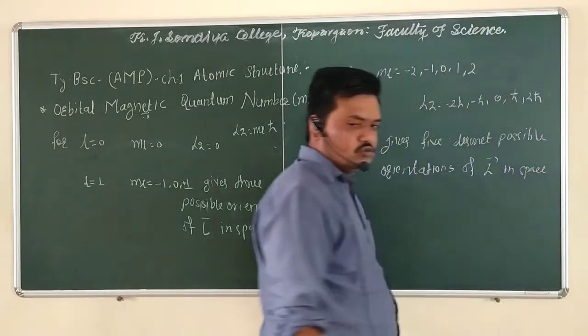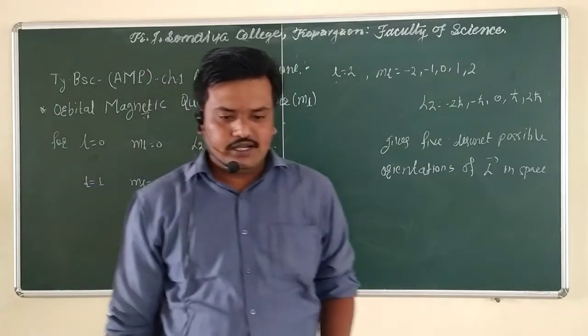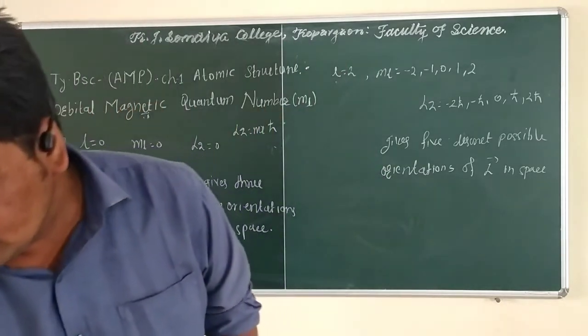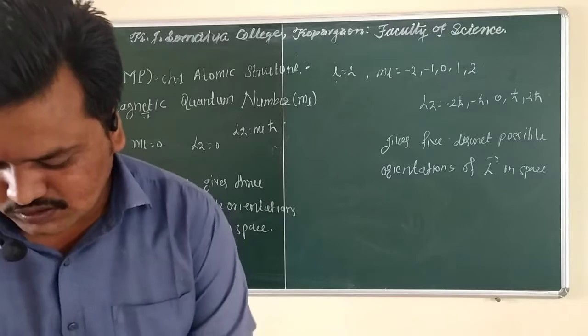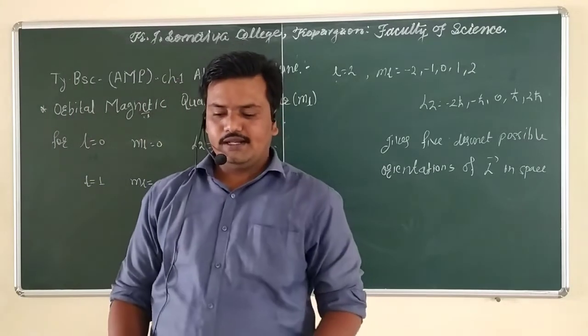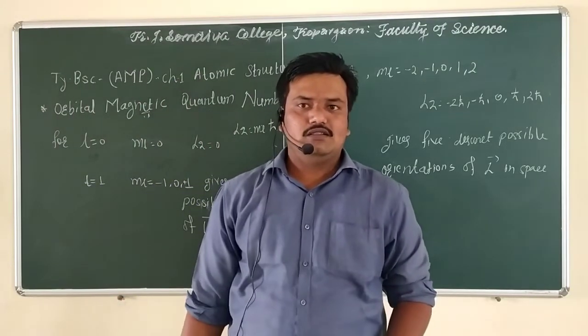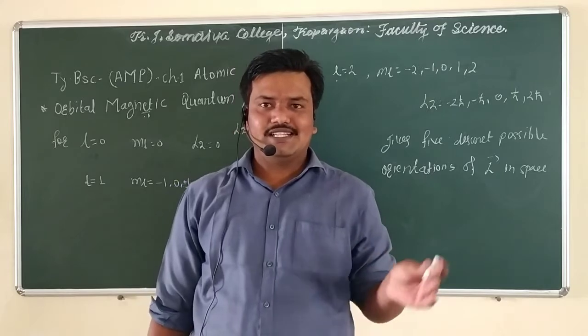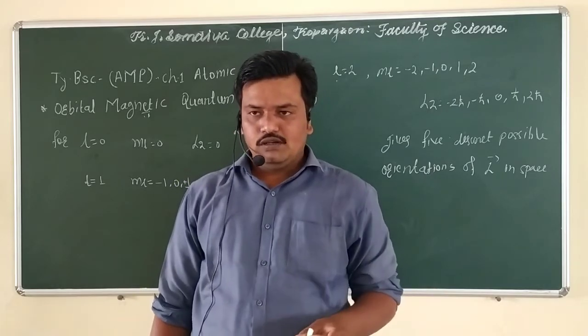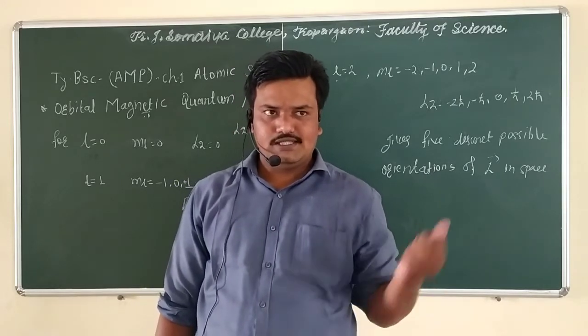Okay, so this is the idea about calculating the value of l, ml, and the possible discrete orientations of Lz is given in this discrete manner.